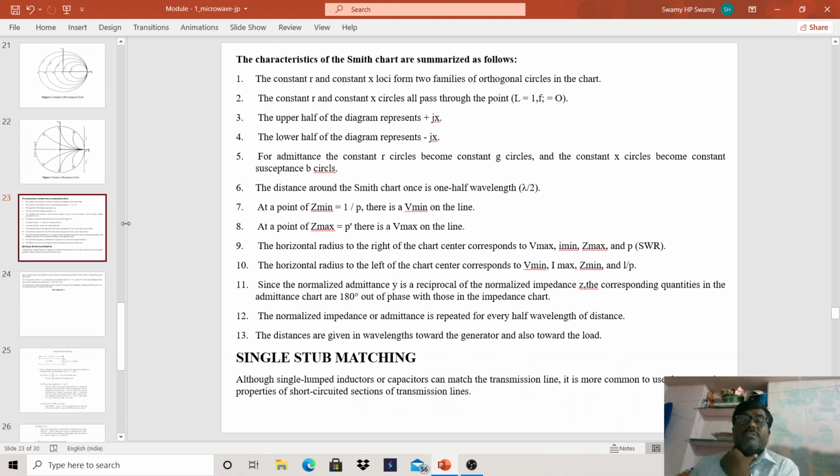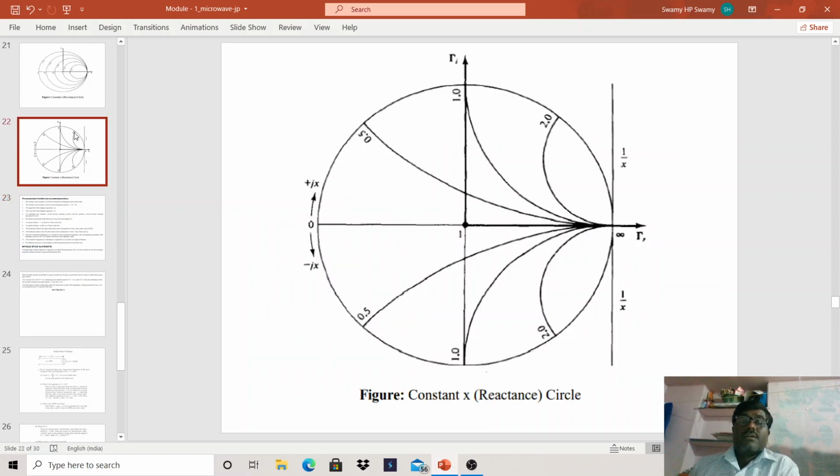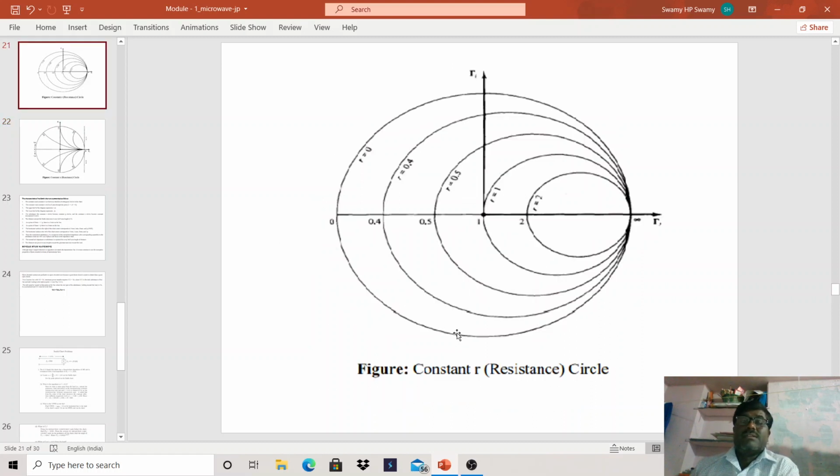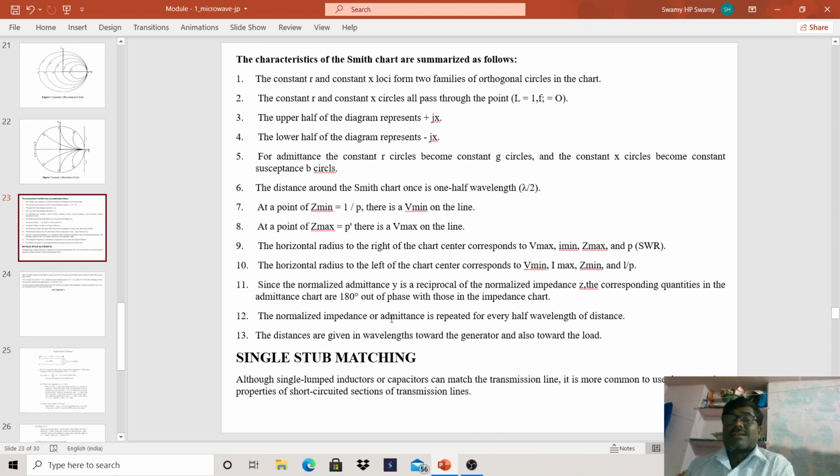The admittance of the constant R circle becomes the constant G circle, and the constant X circle becomes the constant susceptance B circles. Admittance circles: the constant R circle becomes the G circle, and the constant X circle becomes the susceptance B circles.